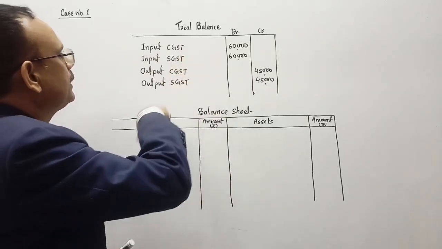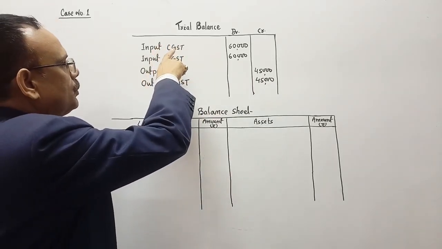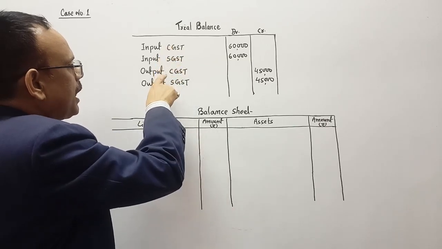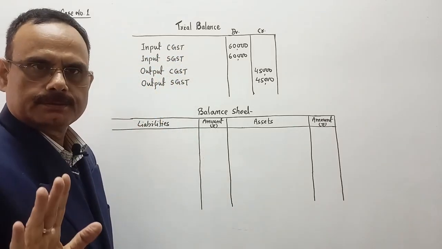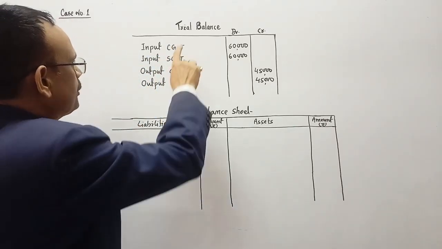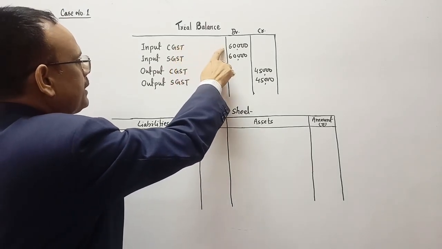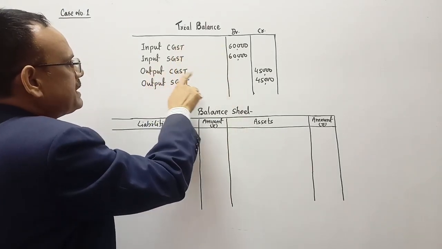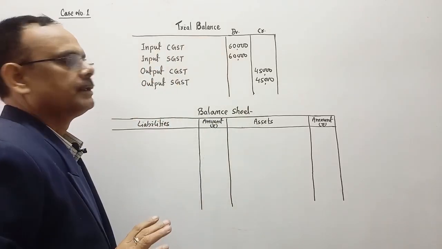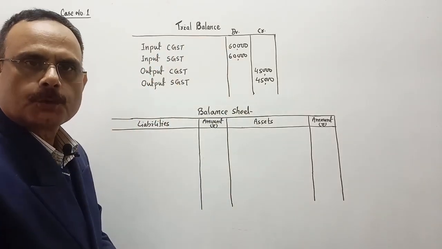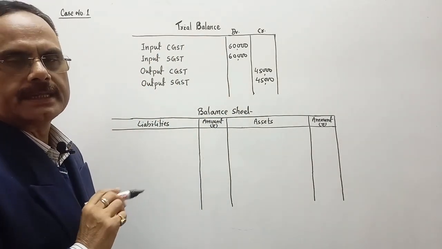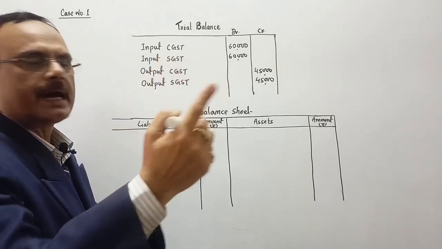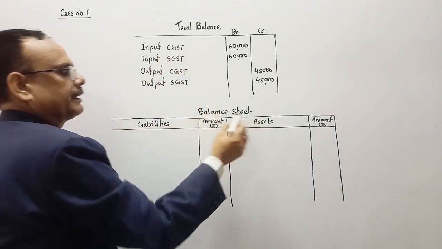Here input CGST will be adjusted with the output CGST. So input CGST is 60,000 and output CGST is 45,000. Input CGST is more than output CGST, so this will be reflected in the balance sheet asset side.